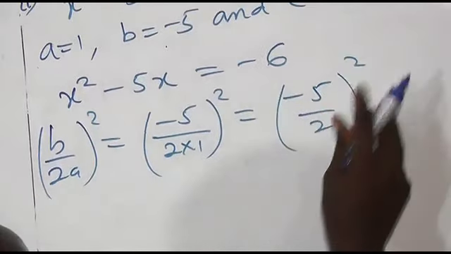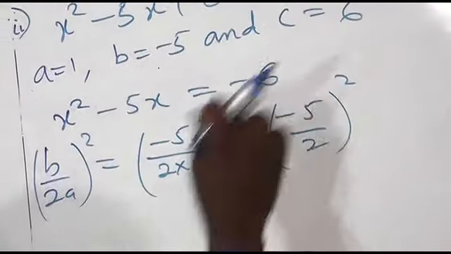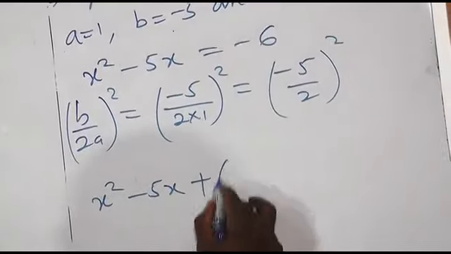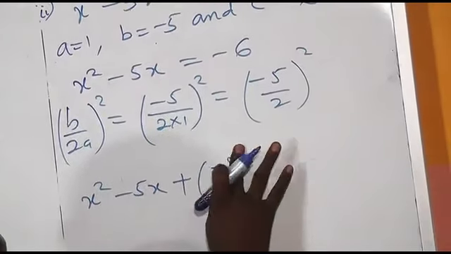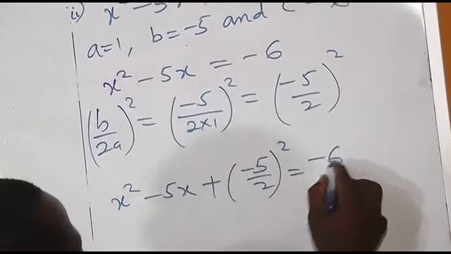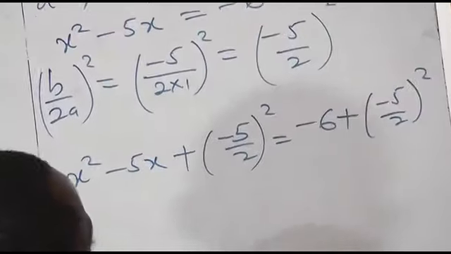So we are to add minus 5 over 2 all squared to both sides of this equation. So it means you have x squared minus 5x plus minus 5 over 2 all squared equals minus 6 plus minus 5 over 2 all squared.